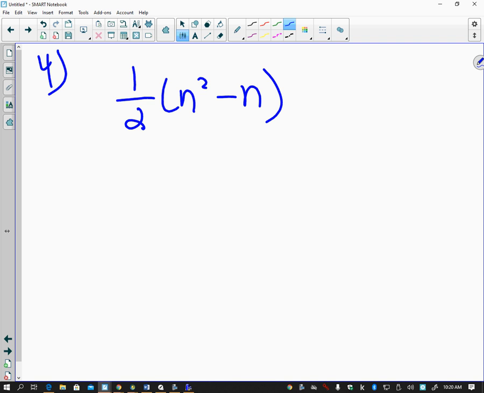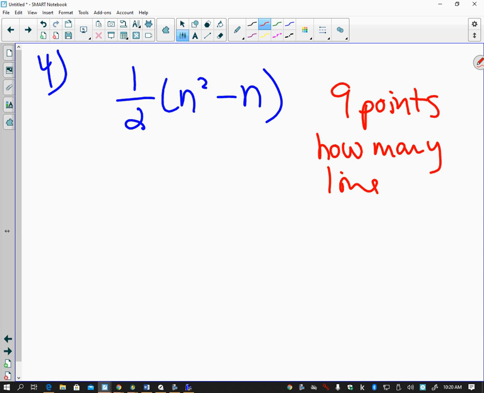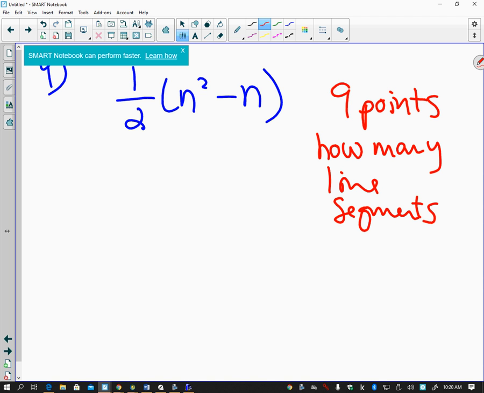So they might give you a number like, there are 9 points. How many line segments are there? Substitute what in for n? 9. So 9 squared is 81. 81 minus 9, find out what that is, divided by 2. Substitute 9 in for n and solve.